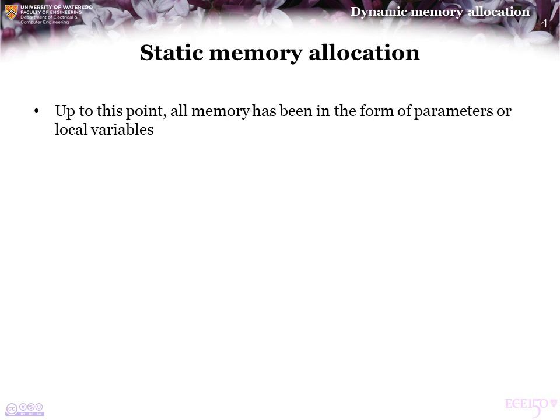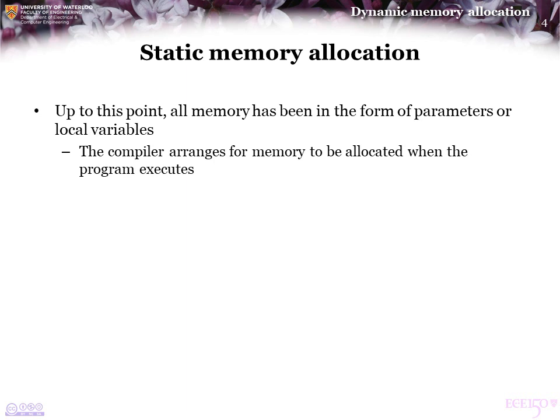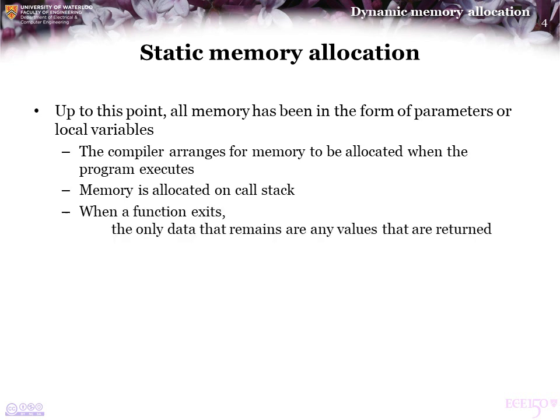All right. Up until this point, all memory has been in the form of either parameters or local variables, as well as, of course, instructions themselves, but that's an aside. The compiler arranges for the memory to be allocated when the program is executing. And as we've already discussed, the memory for local variables and parameters is allocated on the call stack.